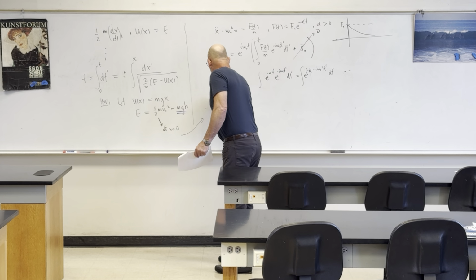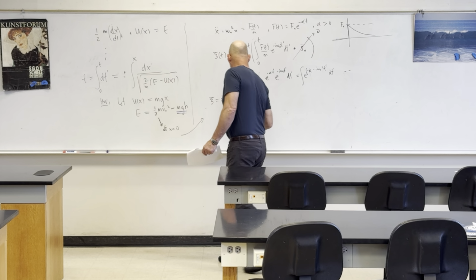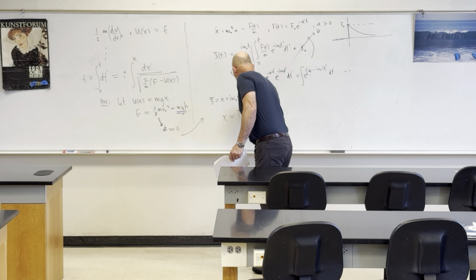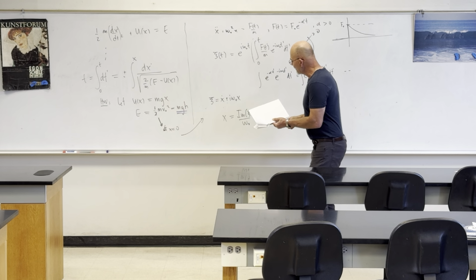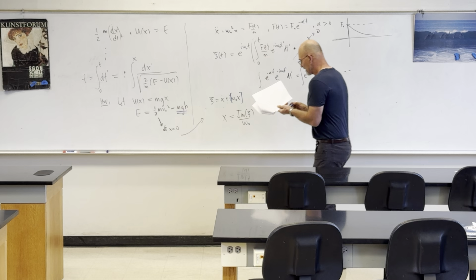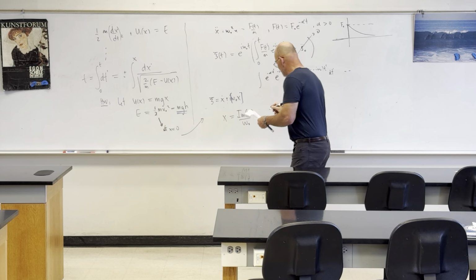You know, we had C was x dot plus I omega naught x. So we need x is the imaginary part of C divided by omega naught, right? The imaginary part is this part in the blue bracket. And here's what I get.